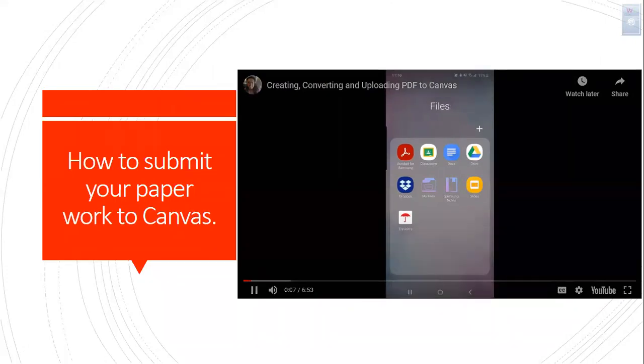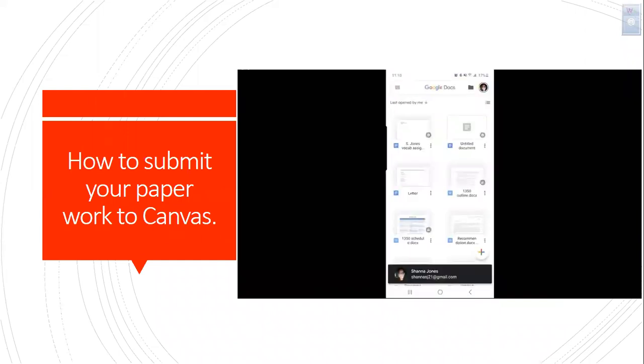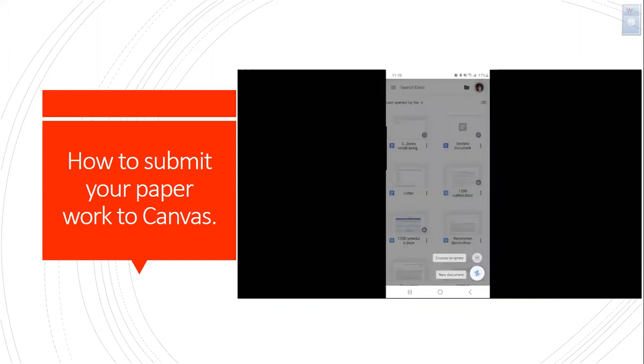The first thing you want to do is download Google Docs. Once you download it, you're going to click plus, new document. Here, you're going to click on the plus sign, and we're going to add a footnote. This allows you to put in your header.